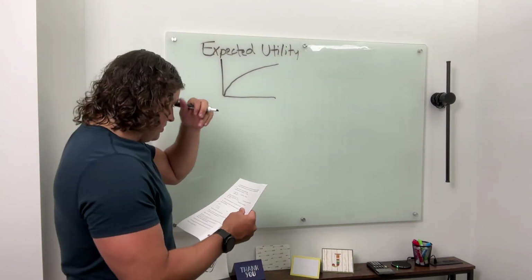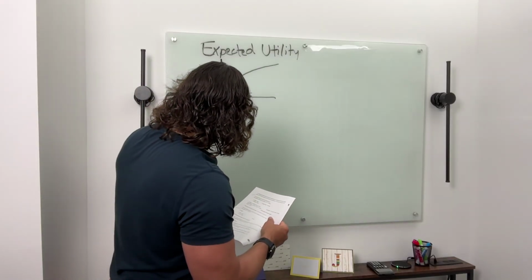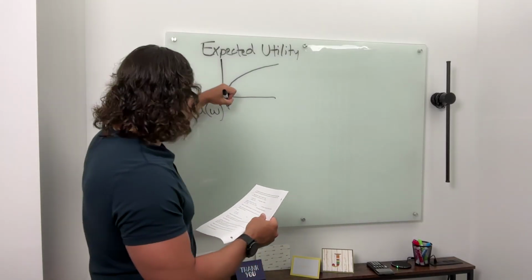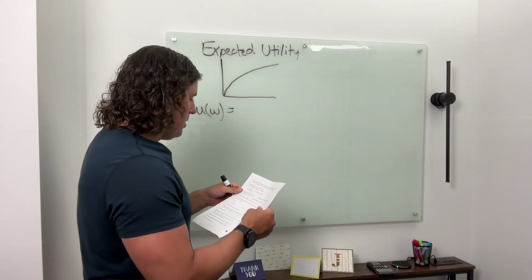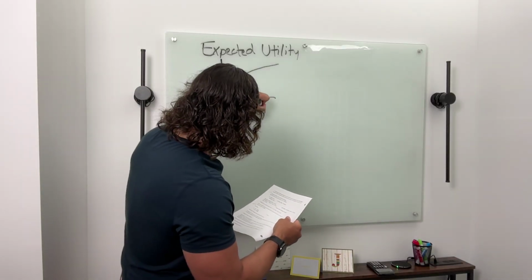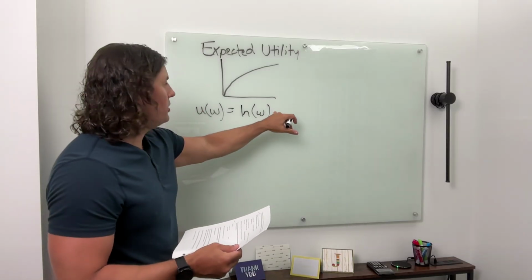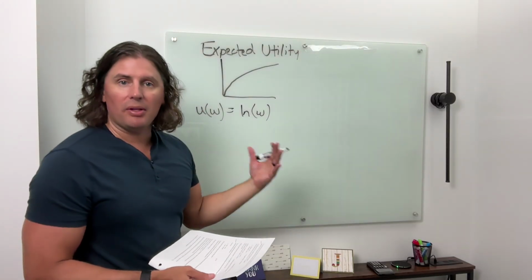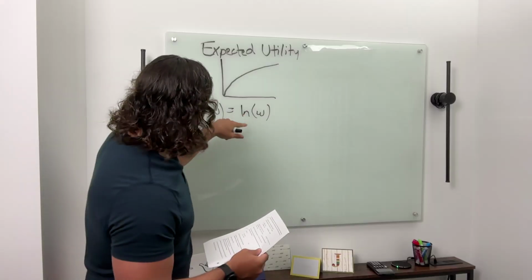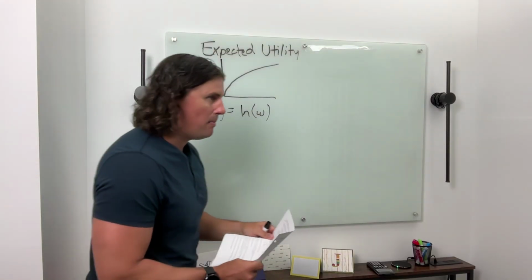But our utility function is: utility of w is the natural logarithm of w, which is our wealth. And then we can multiply this by the probability of this happening.